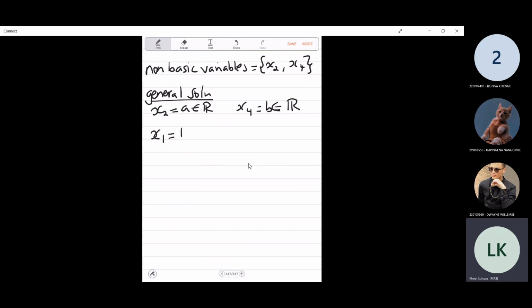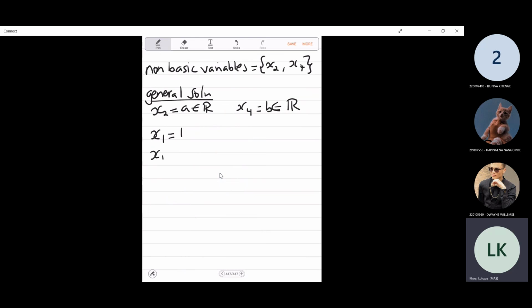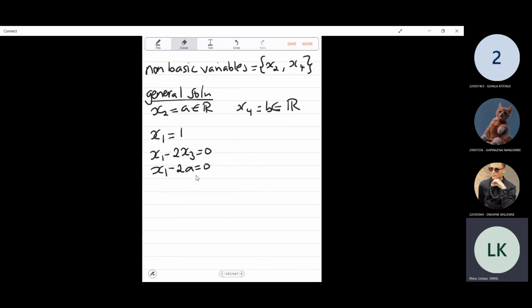Then from the second one I have x2 minus 2x3 is equal to 0. So this will mean x2 is equal to 2a.